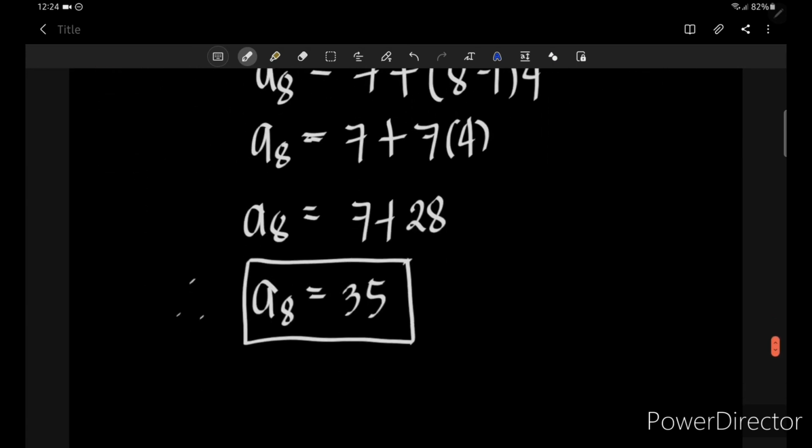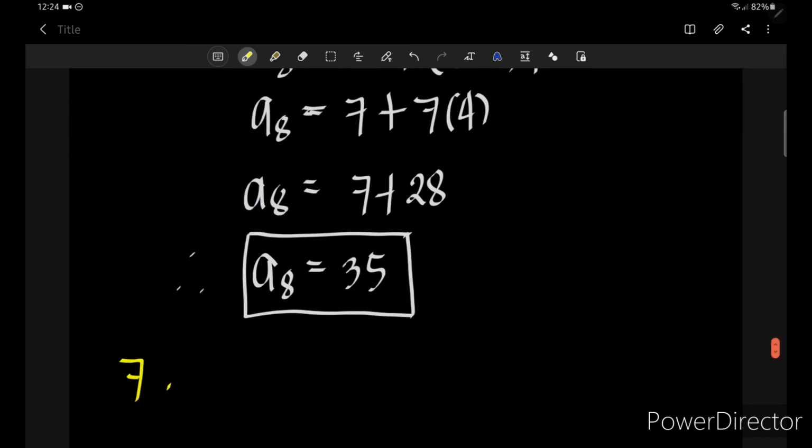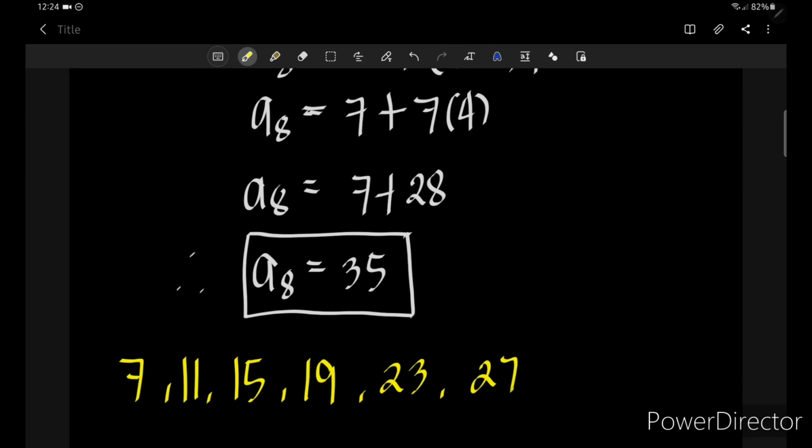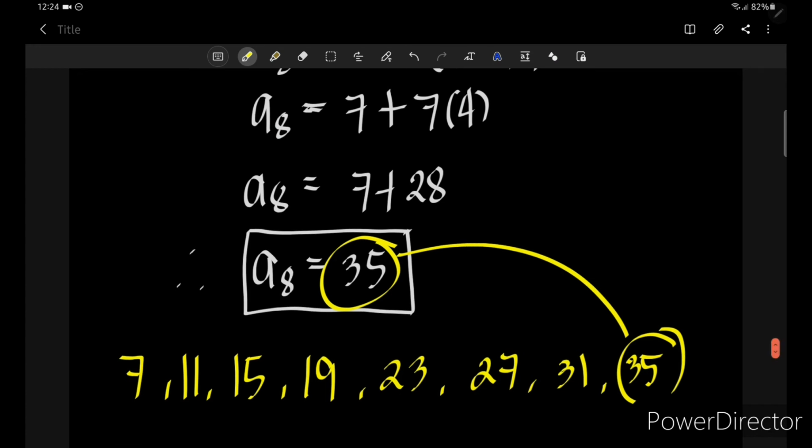We have 7, 11, 15, 19. Add ka ng 4, 23. Add ka ng 4, 27. Add ka ng 4, 31. And for the 8th term, nag-add ka ng 4, makakakuha tayo ng 35. They are the same.